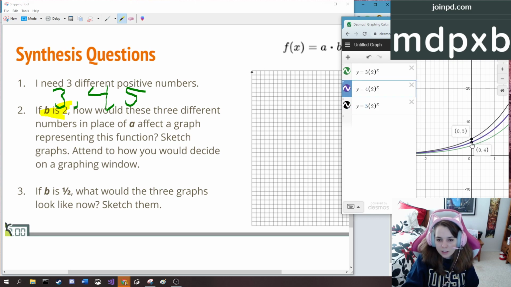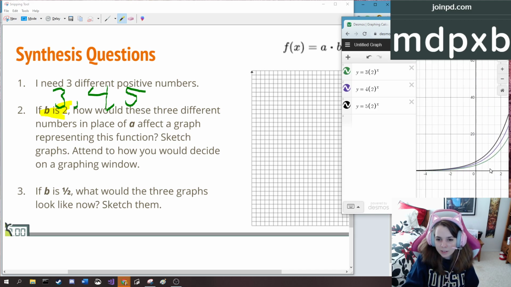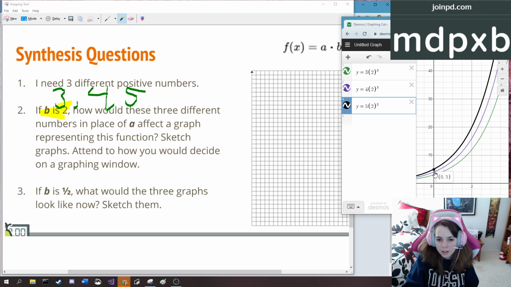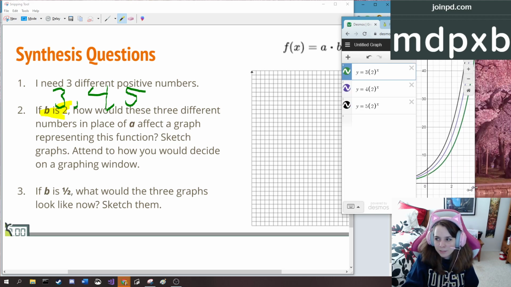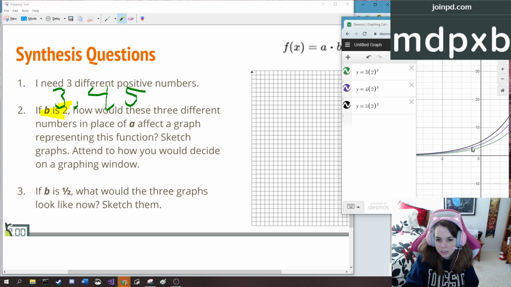The starting value is going to affect the height and position of our graph. Because 2 is a positive number, this is going to affect the height of our graph, and later on, it will affect whether it's further to the left or further to the right.